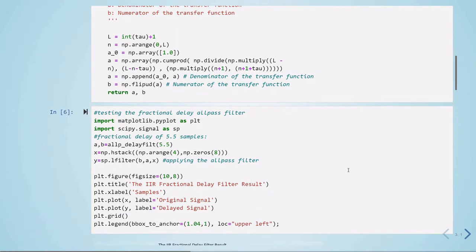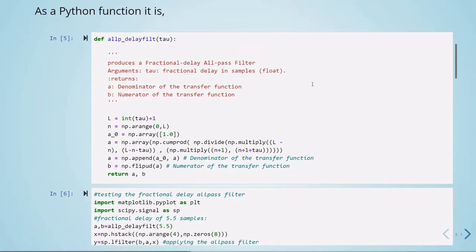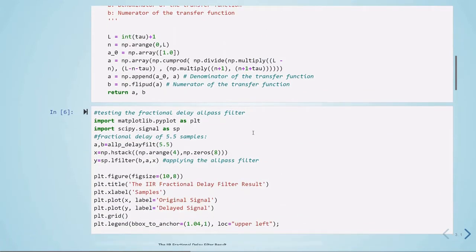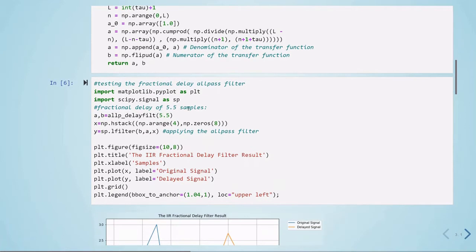So we will test our fractional delay. Suppose we want a fractional delay of 5.5 samples, so we will give this function we define here the argument 5.5, which is the delay in samples. It will return a denominator and a numerator, and then we can use the SciPy signal lfilter, and we will filter our test signal, and we will give the denominator and the numerator.